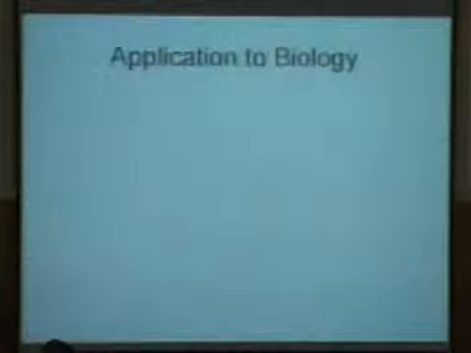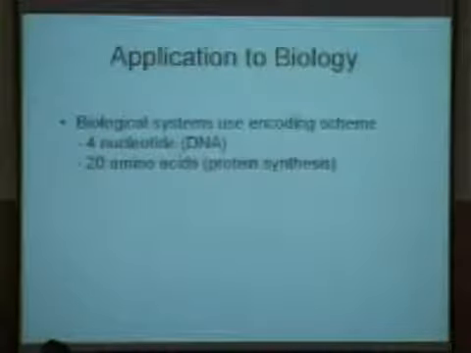Not only is it finding applications in a number of areas of computer science, there is also this intriguing application to biology which Apoorva Patel has recently realized. That biological systems use this form of encoding.